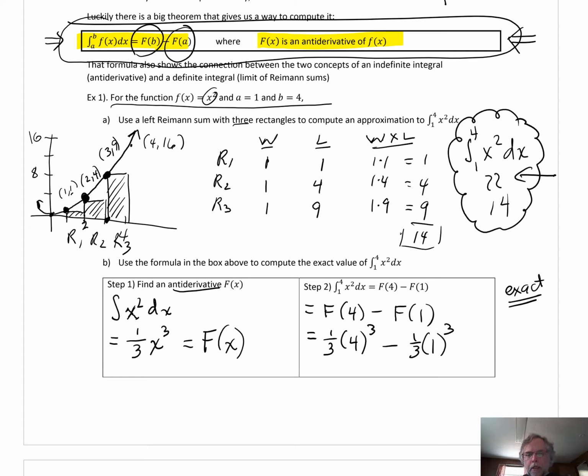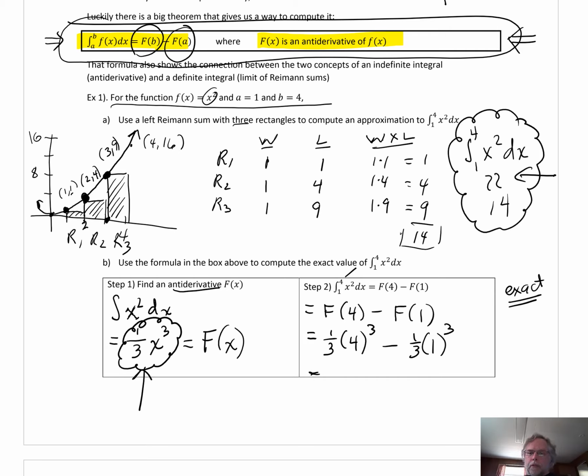And where that's coming from is plugging the b and the a into the antiderivative that we got in step one, and subtracting. Always capital F of b, the top number, minus capital F of a, the bottom number.